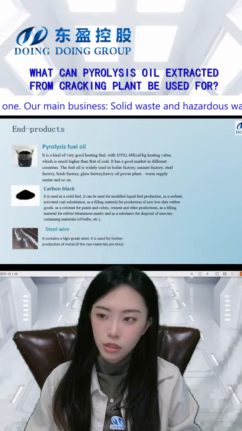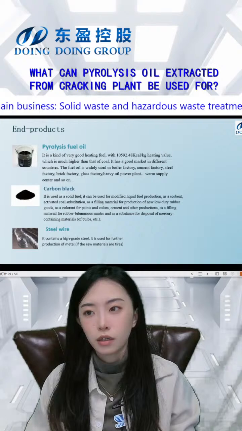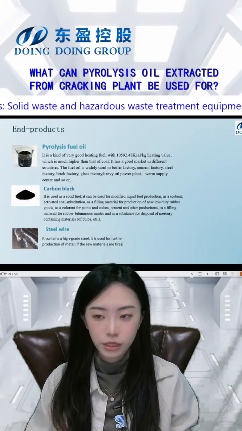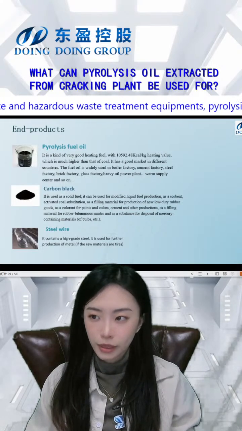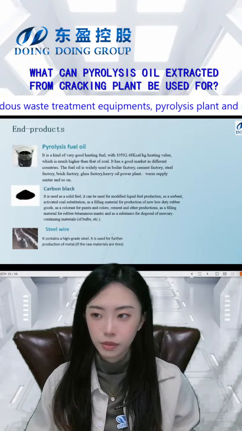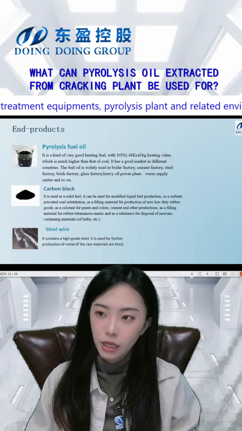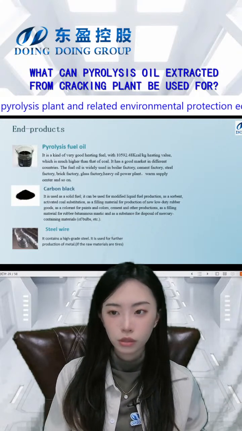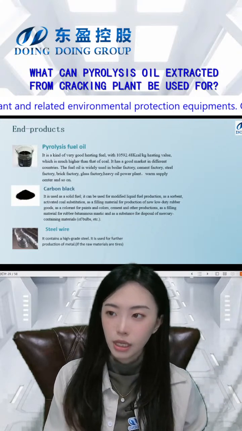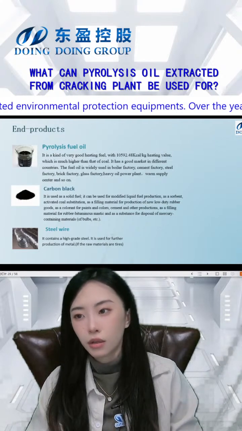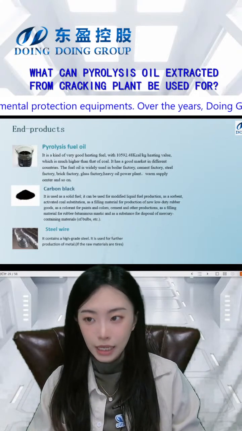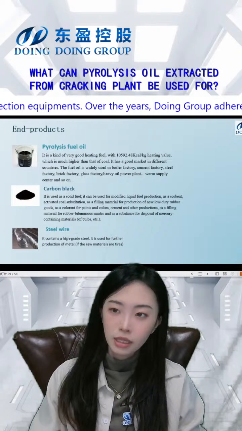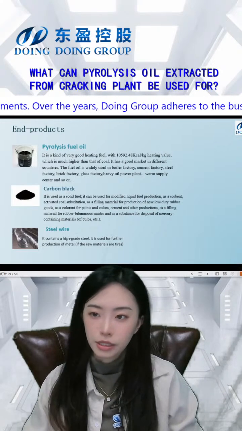It is also used for modified liquid fuel production, as a substitution for solvent activated coal, as a filling material for production of new low-duty rubber goods, as a colorant for painting, colors, cement, and other productions.